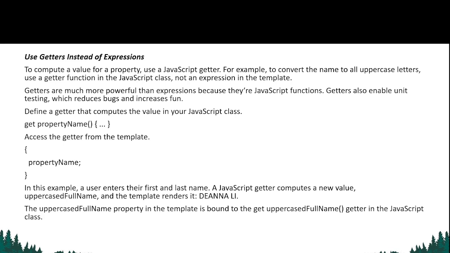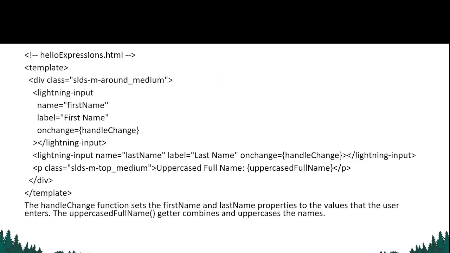So a user enters their first and last name. Here also is an example where I have created a template, and that template includes the lightning input name. The first name is included, and then the label also first name. Then I want to handle the change event.